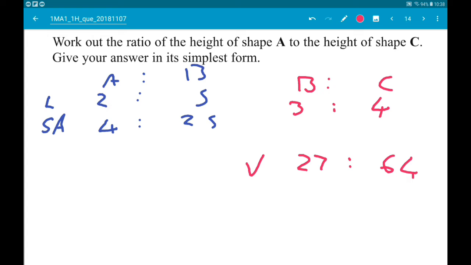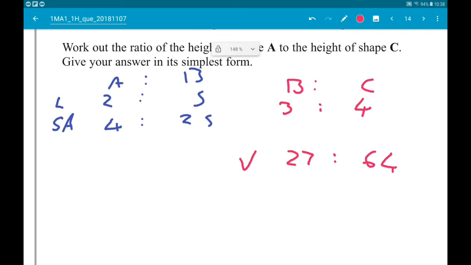So what we need to do is combine the two length ratios because we want the ratio of A to C. It doesn't matter that it specifically said height because all the lengths are going to be in the ratio that we find. So what we need to do then is make it so that the part in both ratios is the same number.